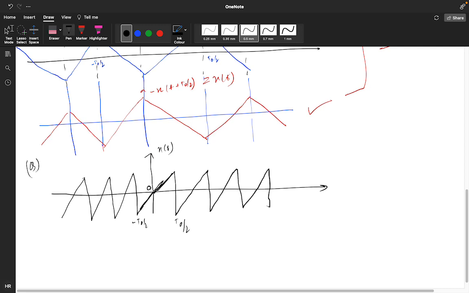This is 0, so 0 to t naught by 2, and t naught by 2 to this particular point is your t naught value.